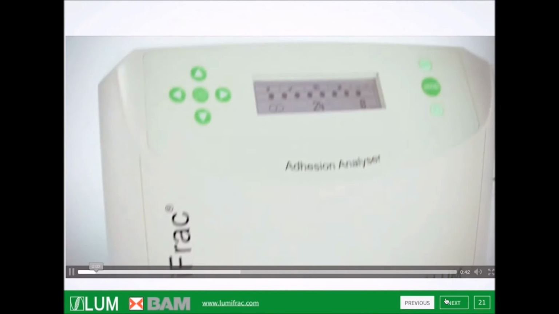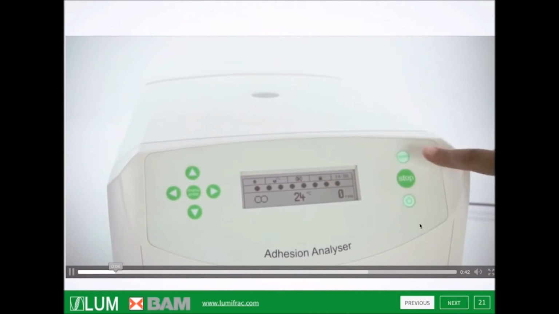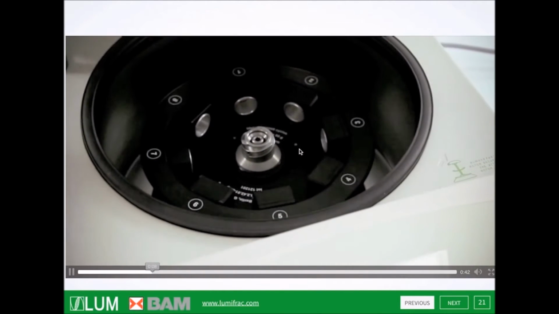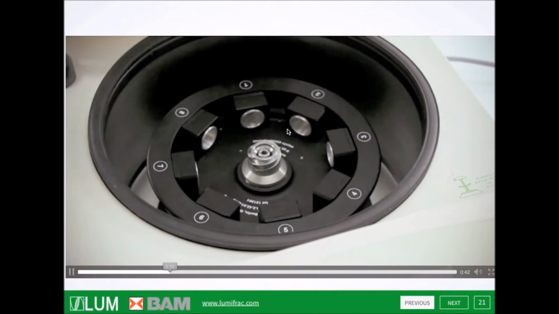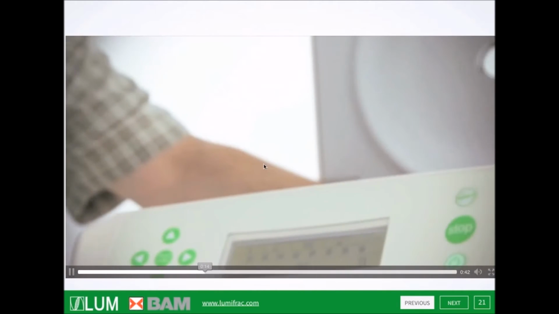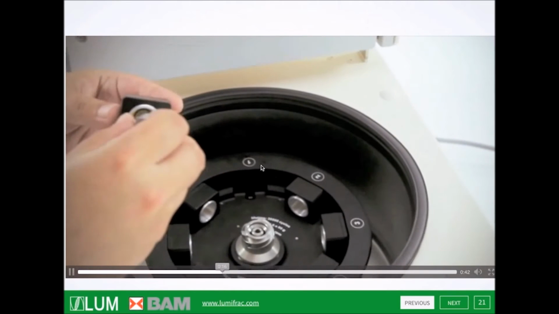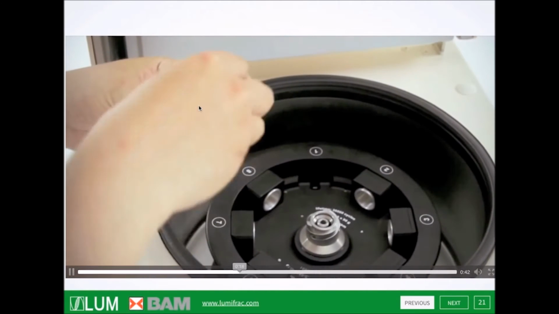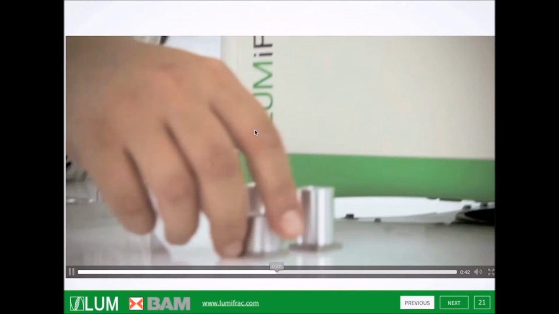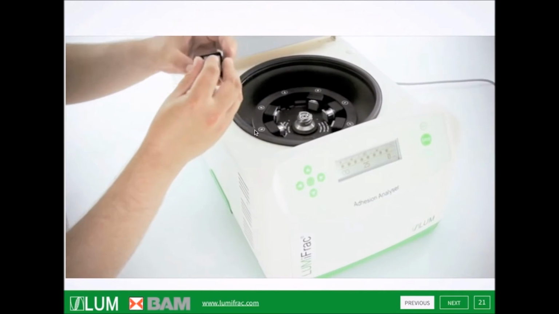The next thing is how to measure them. You normally start by opening the centrifuge. Here you can see how the system looks inside. This is in principle the measuring module. These are the assemblies. What you have to do is slide the assemblies into the module and then insert the module back into the rotor.